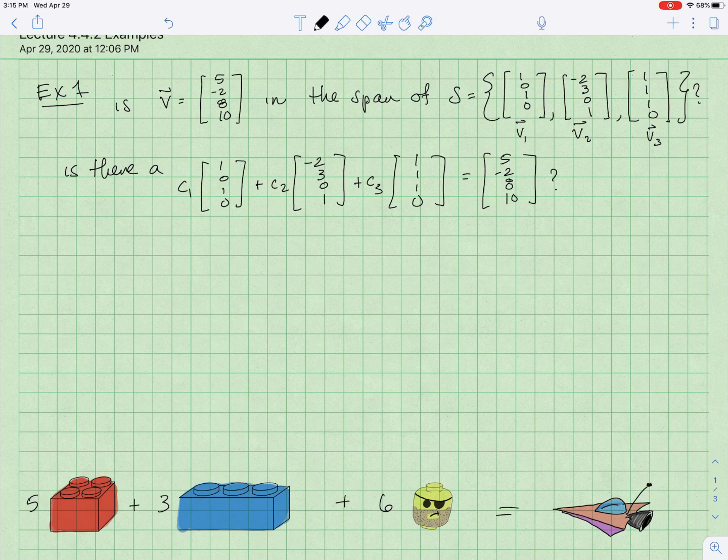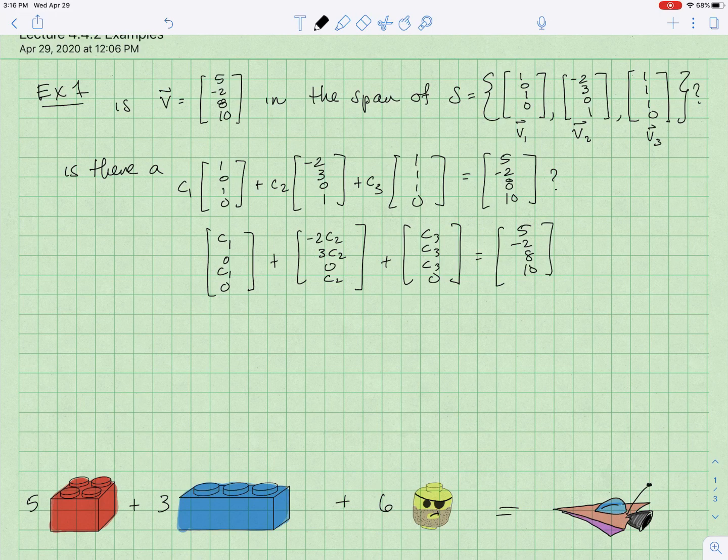So if we use a little bit of scalar multiplication and then add these together, this is (C1, 0, C1, 0) plus (-2C2, 3C2, 0, C2) plus (C3, C3, C3, 0) is equal to (5, -2, 8, 10).